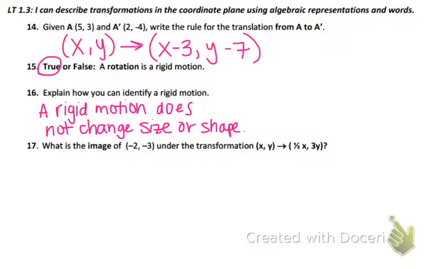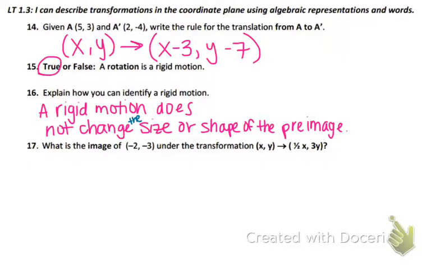Rigid motion does not change the size or shape of the pre-image.